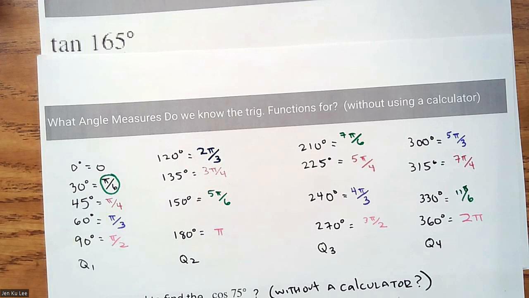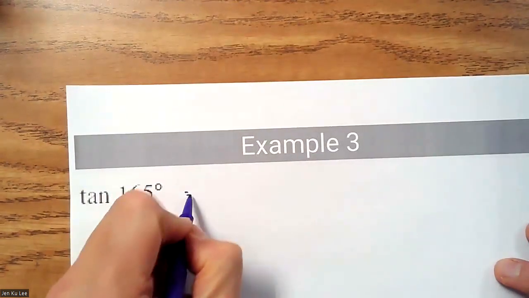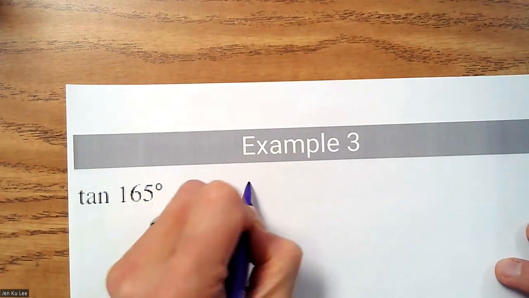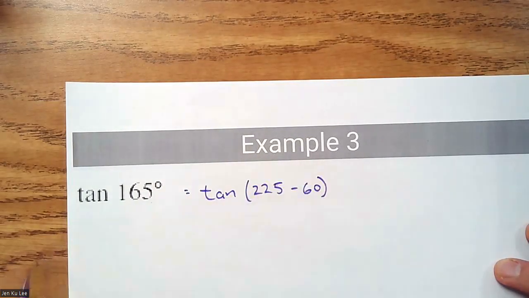That would work. Yeah. Tangent of 225 minus 60. Okay, let's do that.